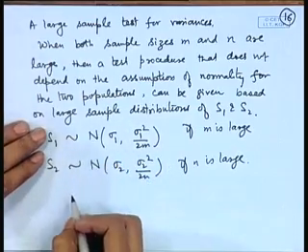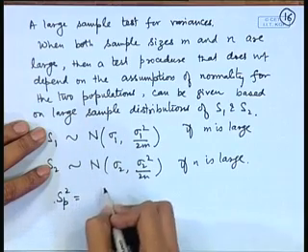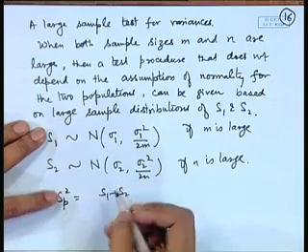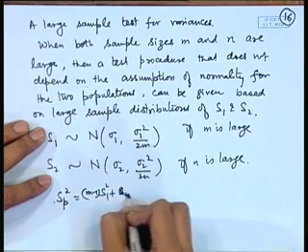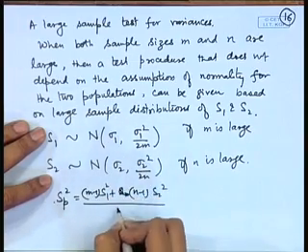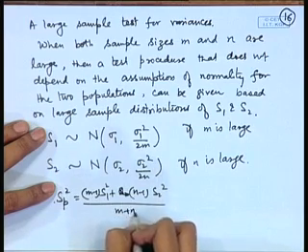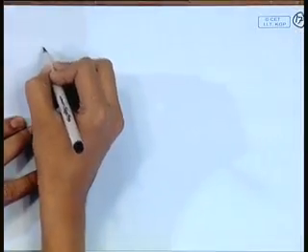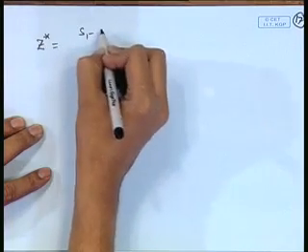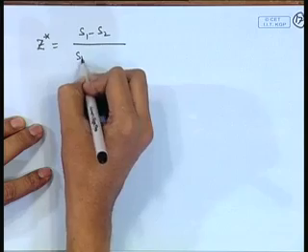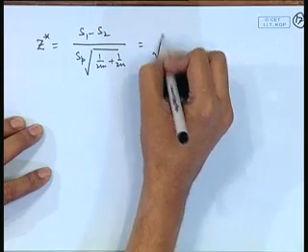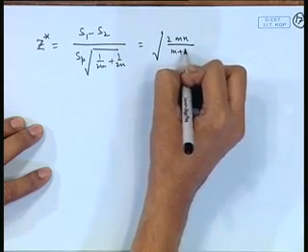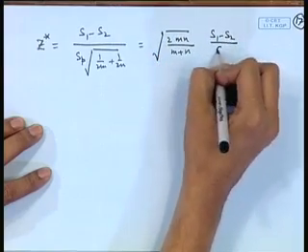We may also create a pooled estimate here, that is SP square. Under the assumption that sigma 1 is equal to sigma 2, we can consider m minus 1 S1 square plus n minus 1 S2 square divided by m plus n minus 2, and we can construct the test statistic, say Z star, that is equal to S1 minus S2 divided by SP root 1 by 2m plus 1 by 2n, which is actually equal to root 2mn by m plus n, S1 minus S2 divided by SP.